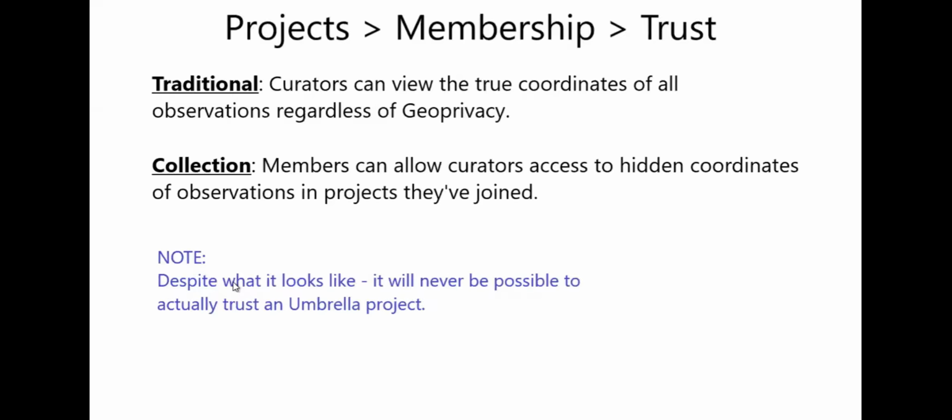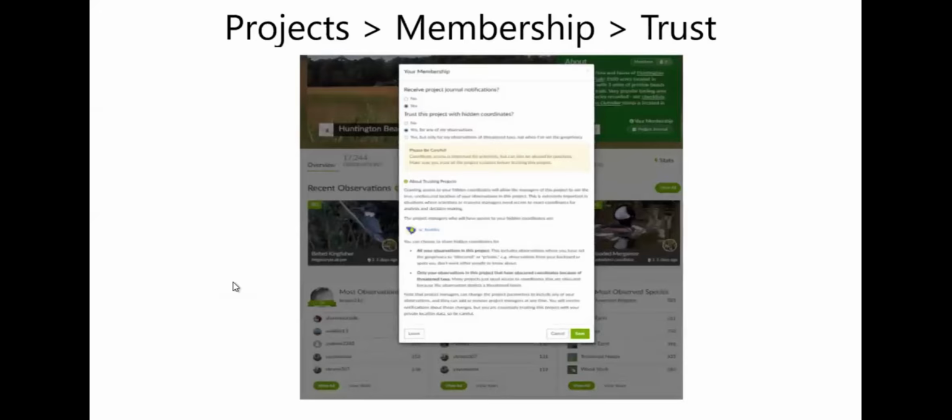With collection projects, when you join, it asks if you want to allow them. For instance, you'll get this screen when you join this one. It asks whether you want to receive journal notifications if something gets added, or whether you want to trust this project with hidden coordinates. So it's up to you.